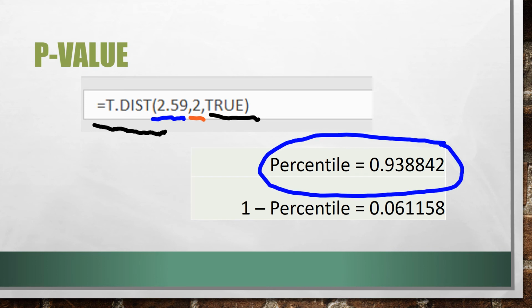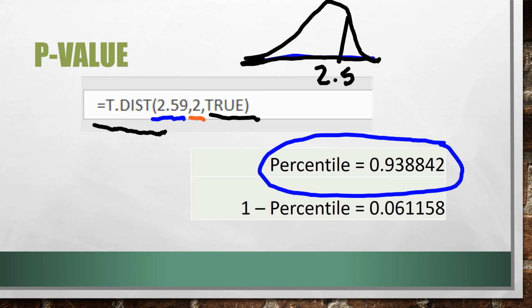And so if we draw this out, a little t-distribution here. So here's our t-distribution. And here's our t of 2.59. It's about right here, it's positive. And remember, 0 is in the middle somewhere here. And the t.dist function will give you the shaded blue area, the percentile.